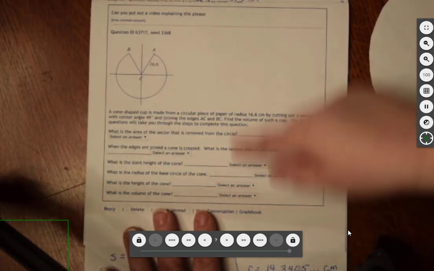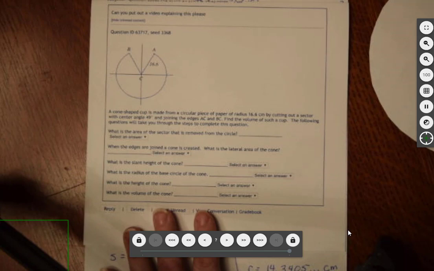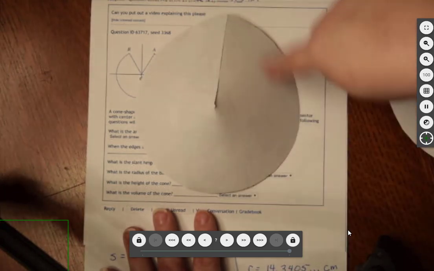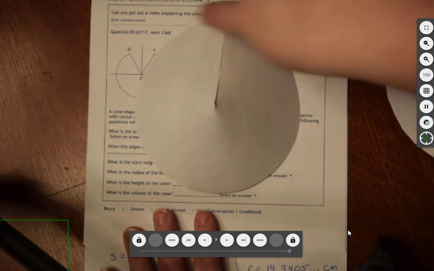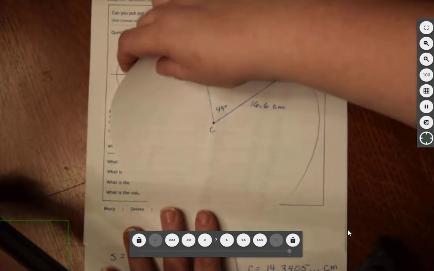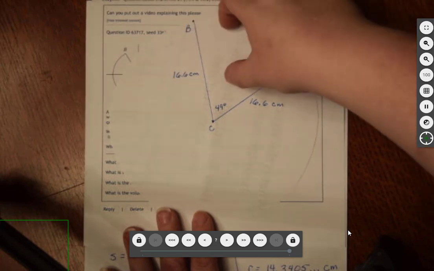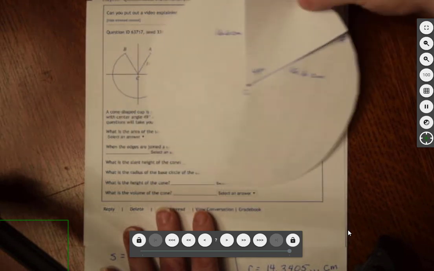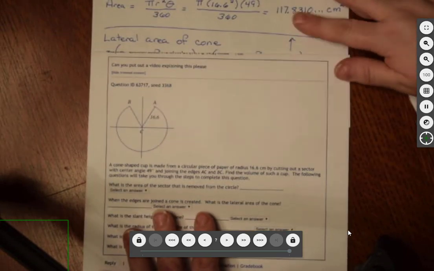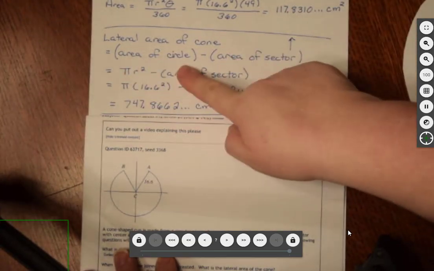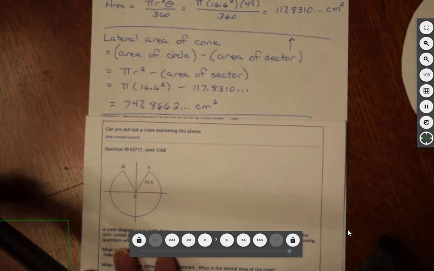When the edges are joined, a cone is created. What is the lateral area of the cone? Well, the lateral area is the area of the cone minus the base. And so the lateral area would be the area of the entire circle minus this piece that was removed, this sector right here.